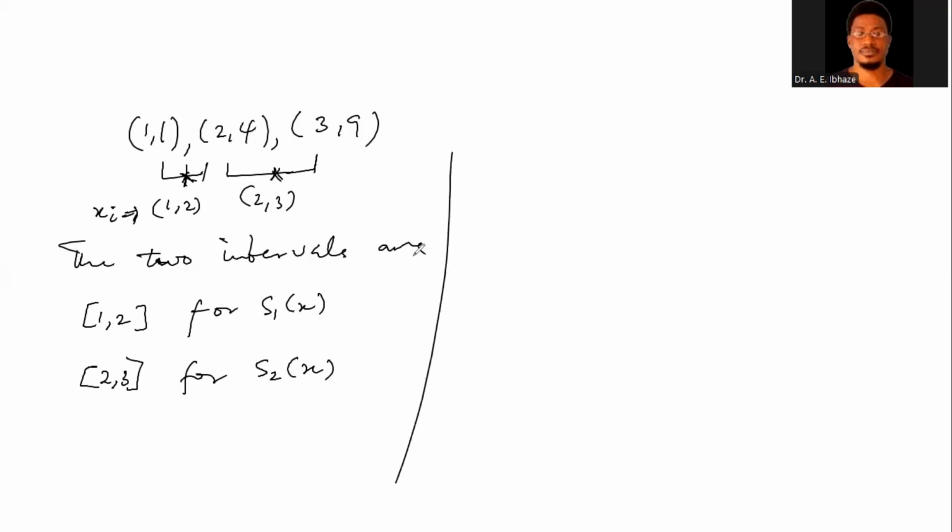So having specified that, the next point is to set up the equations for continuity and smoothness. For us to be able to do that, we first specify function values at the knot points.